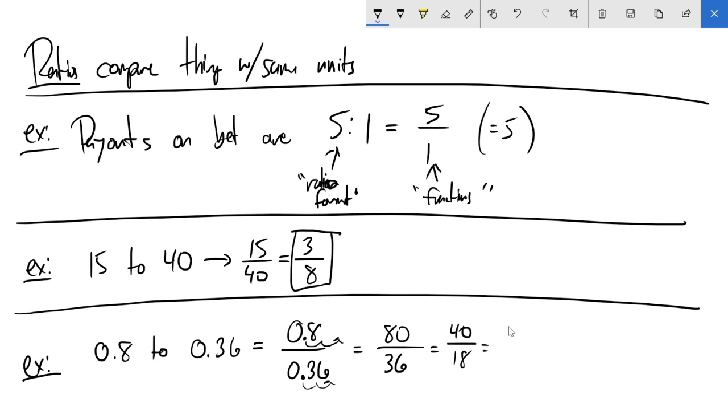So 40 divided by 2 is 20, 18 divided by 2 is 9. I think we're done there. So this ratio, 0.8 to 0.36, is actually the same as 20 to 9. They're the same ratio, they're just at different quantities.